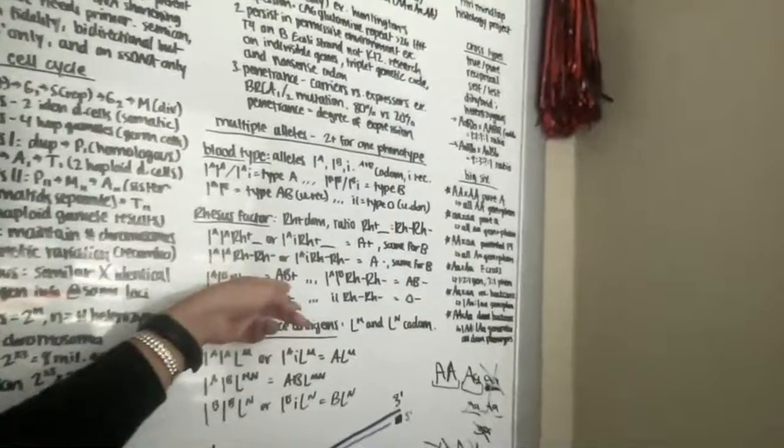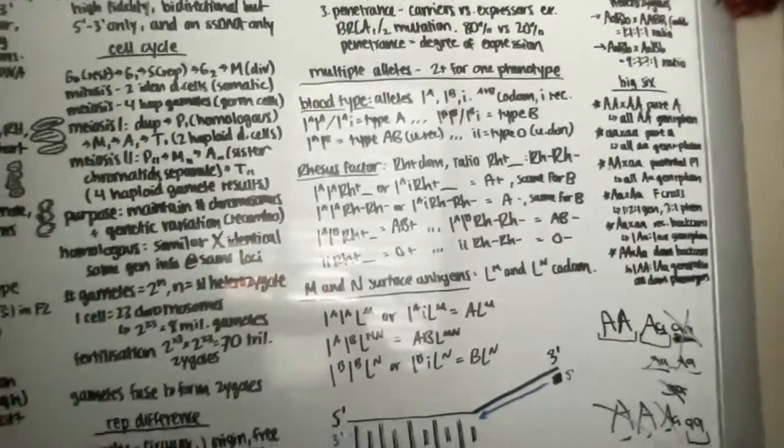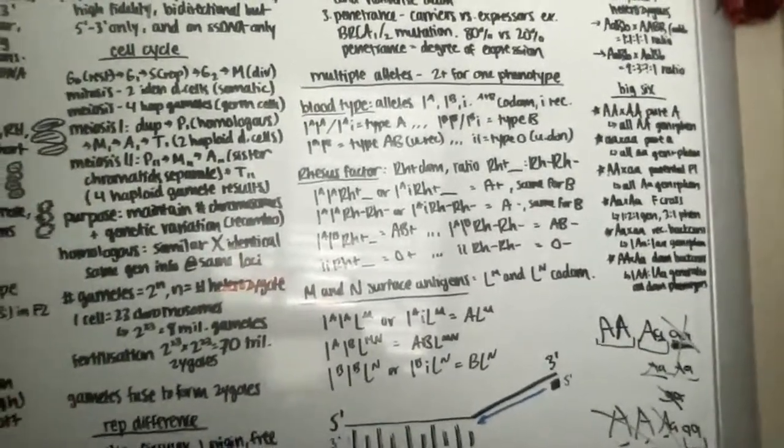Same thing for AB, except there's just going to be one. IA IB RH plus blank is AB plus, and IA IB RH negative is AB negative. Same here: ii with RH plus blank is O plus, and ii with RH negative is O negative. We have a third type of surface antigen, just like the rhesus factor and the blood type antigens: the M and N surface antigens.